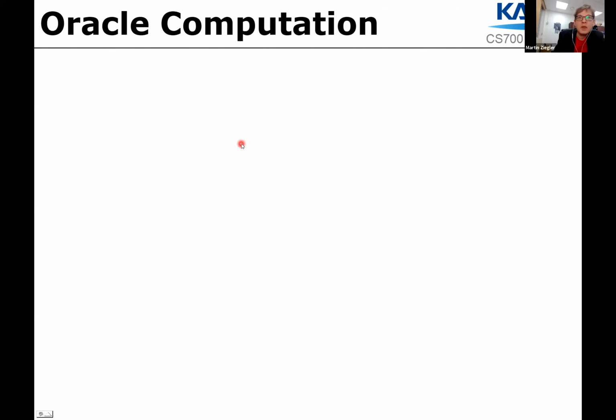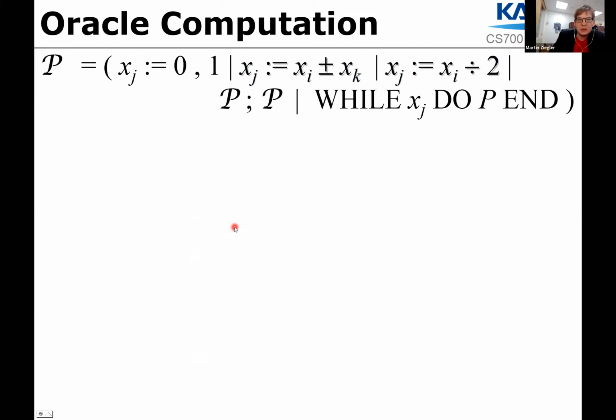So what is an oracle Turing machine? Well, fortunately, you don't need to know because remember, we avoid Turing machines here altogether. Instead, we talk about oracle while programs. So this is, for your convenience, a reminder of the classical while program with its operations. And now we throw in a new operation, namely, imagine a subroutine call, calling some external function phi with an argument xi.